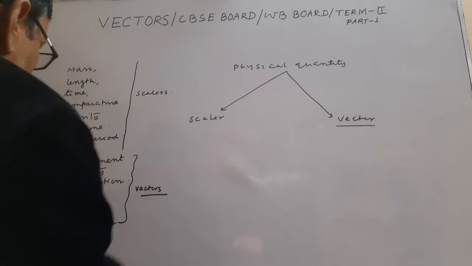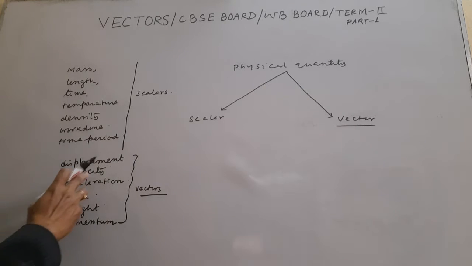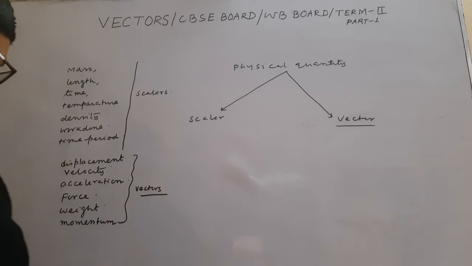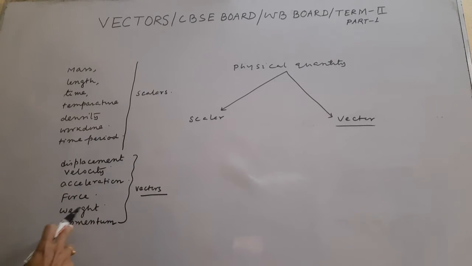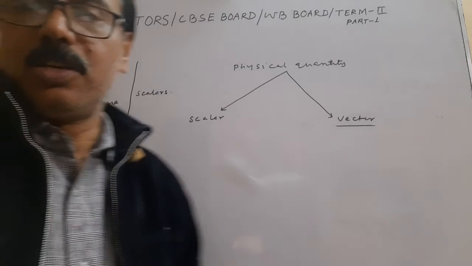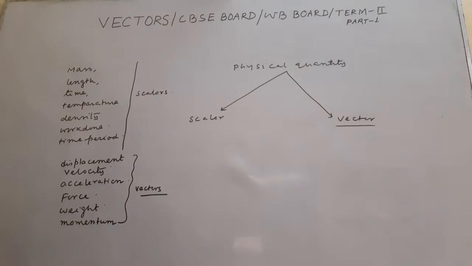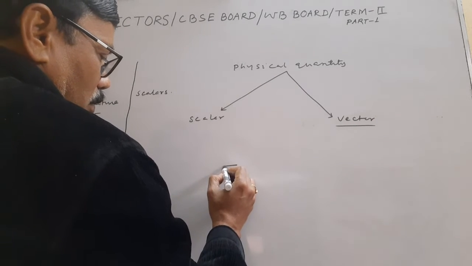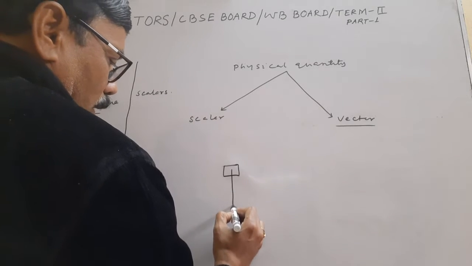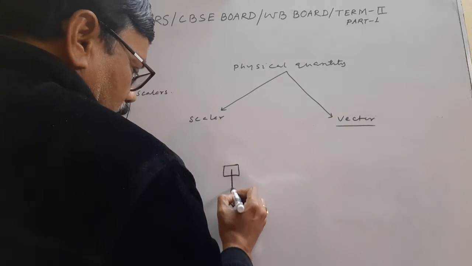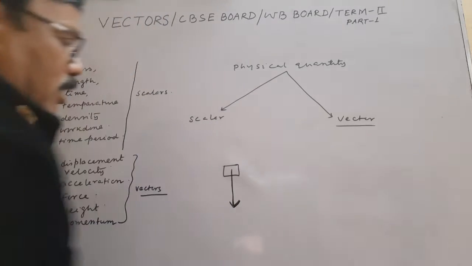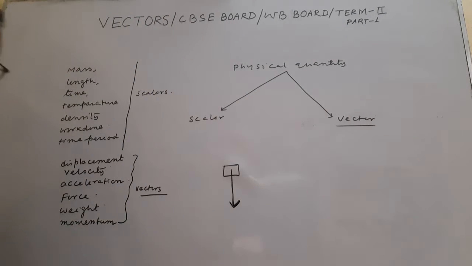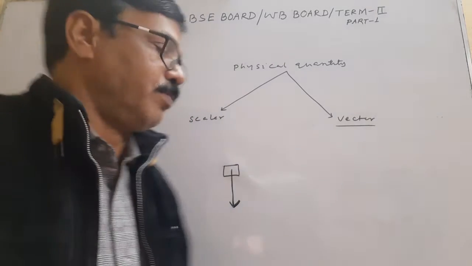For example, displacement, velocity, acceleration, force, weight, momentum, etc. They have direction also. For example, the weight of a body always acts downwards. So it has a direction. It has magnitude as well as direction.